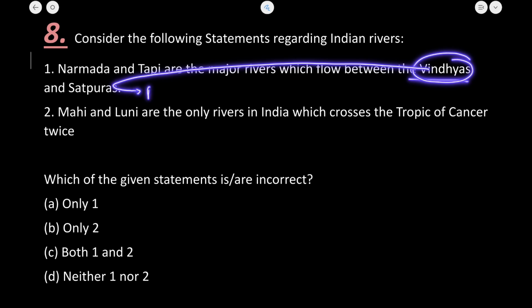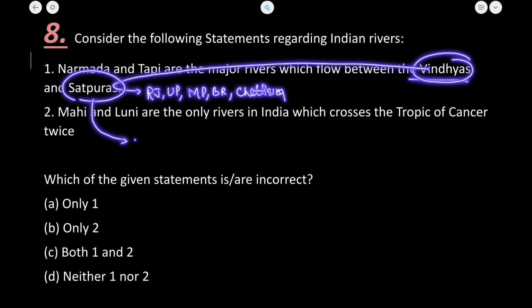The Vindhya range is found in Rajasthan, Uttar Pradesh, Madhya Pradesh, Bihar, and Chhattisgarh. The Satpura range lies in Gujarat, Maharashtra, Madhya Pradesh and Chhattisgarh. The river Narmada flows between the Vindhya and the Satpura range.